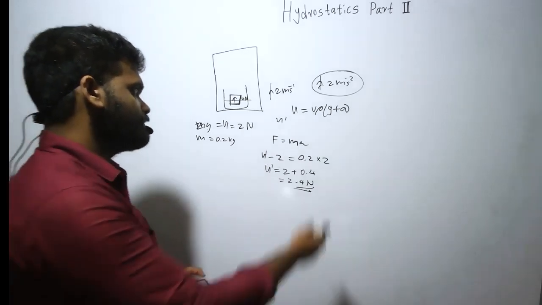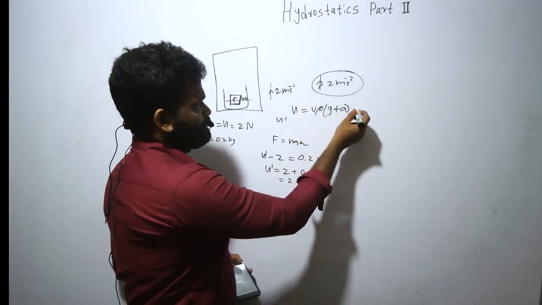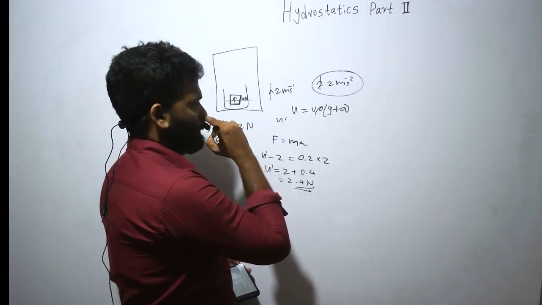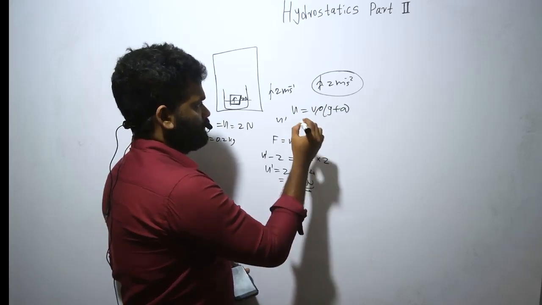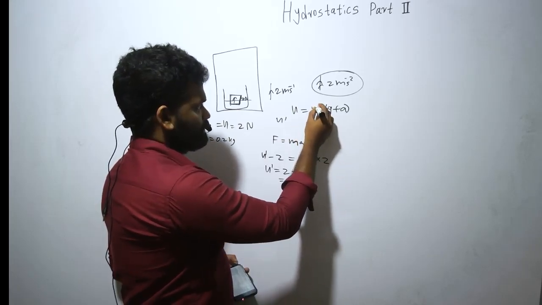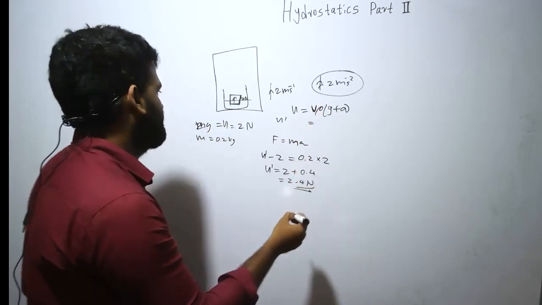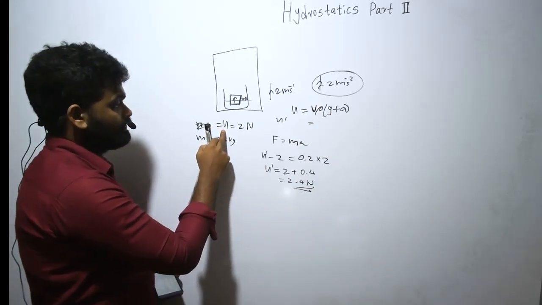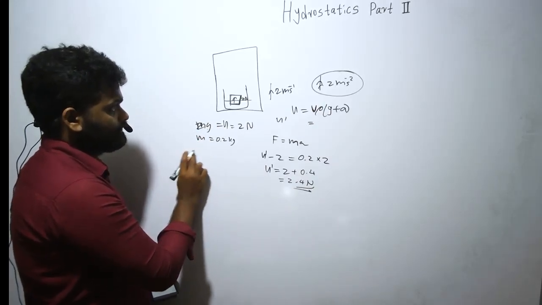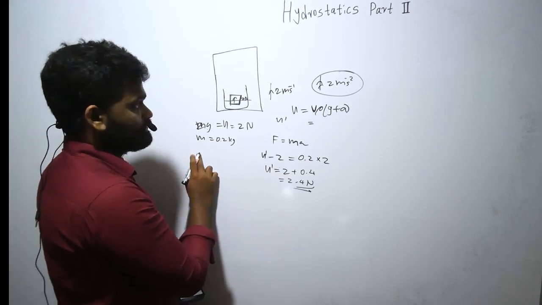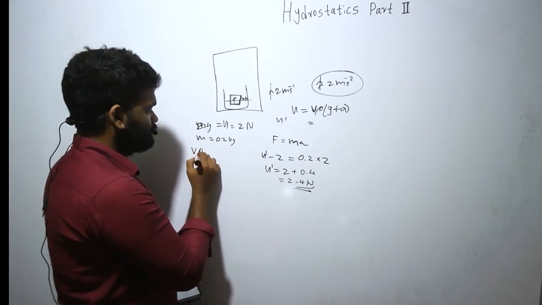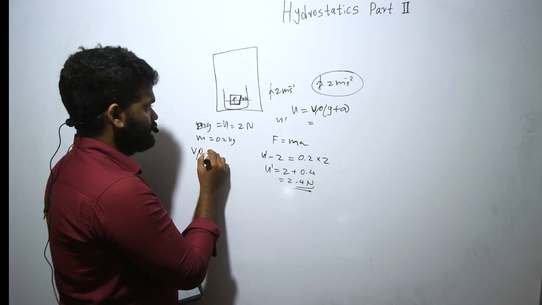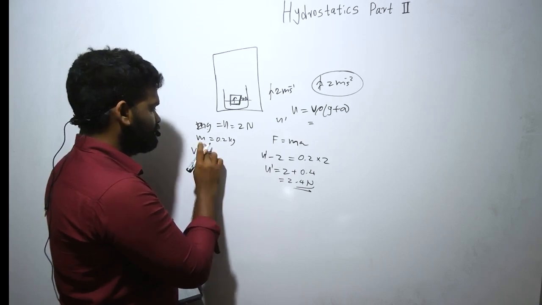Or else you can simply use this equation, V rho (g plus a), right? So here what does V rho mean? V rho can be found using this one. You know that immersed volume times rho times g is equal to mg, so V rho is equal to m.